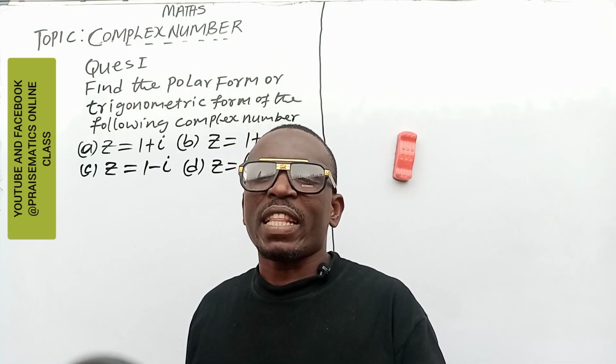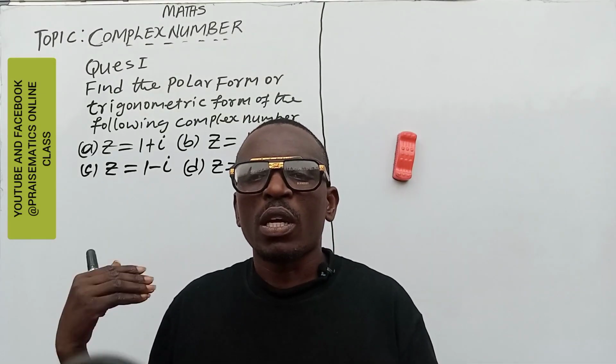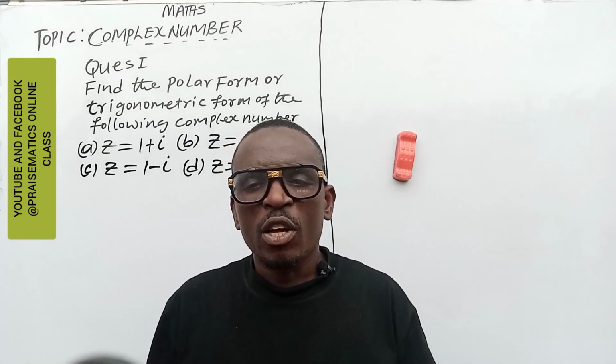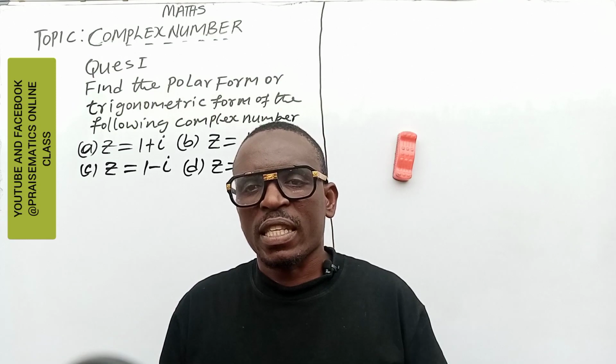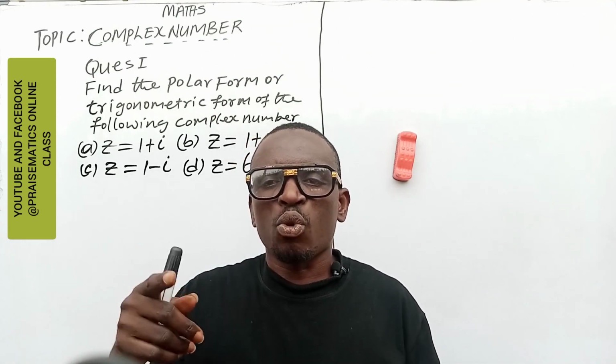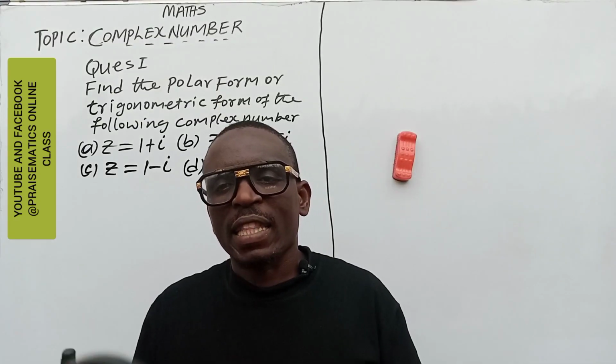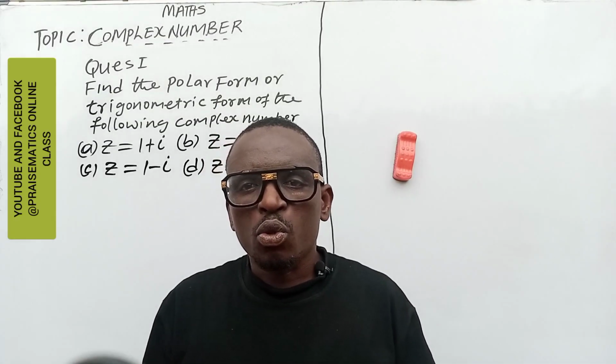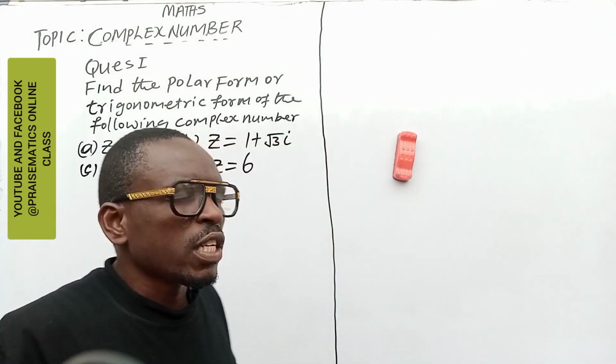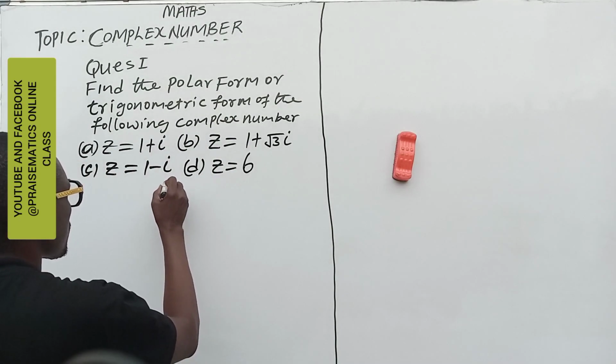And we generated a formula called the polar form of a complex number, known as r cis theta, where r into cos theta plus i sin theta. That is the formula.